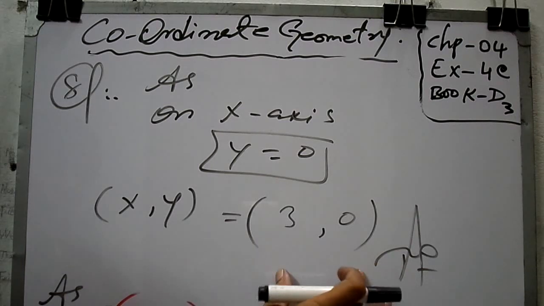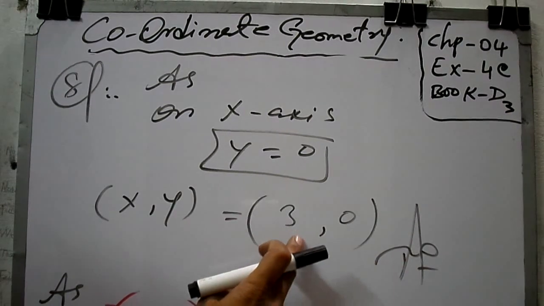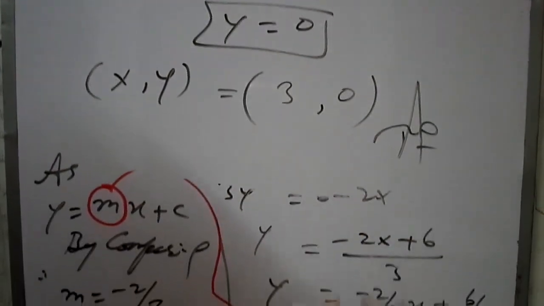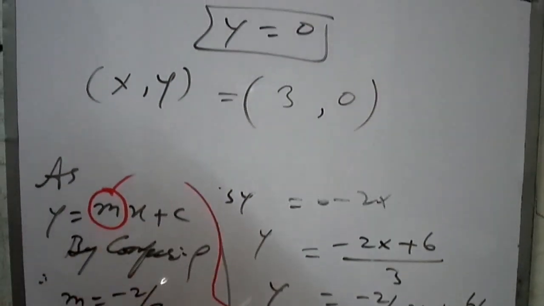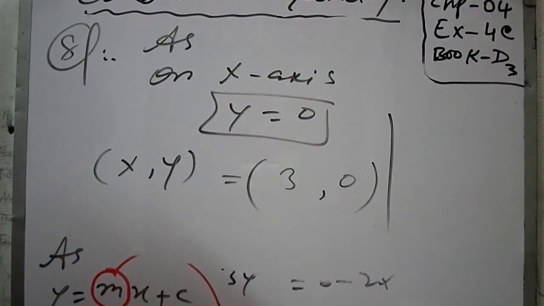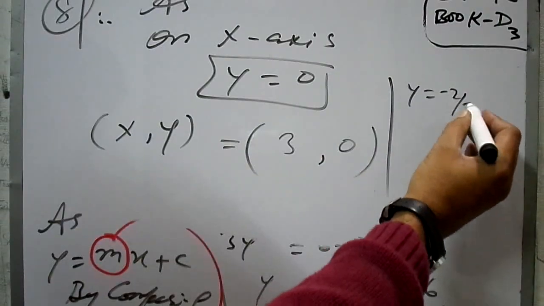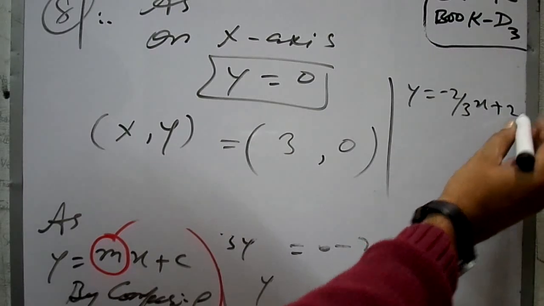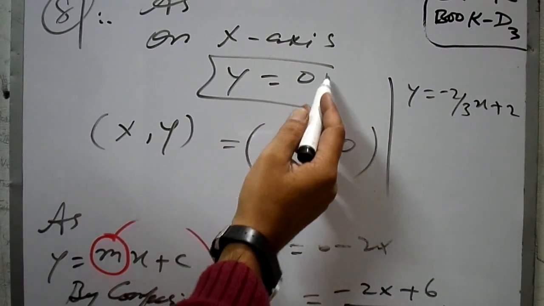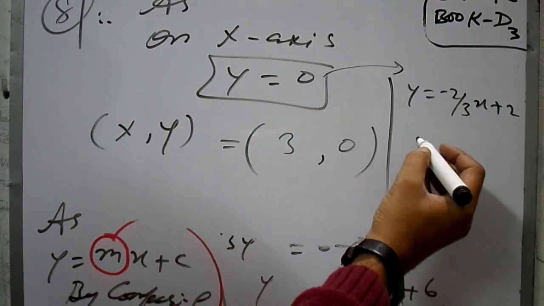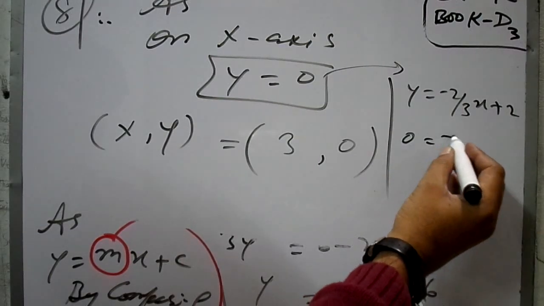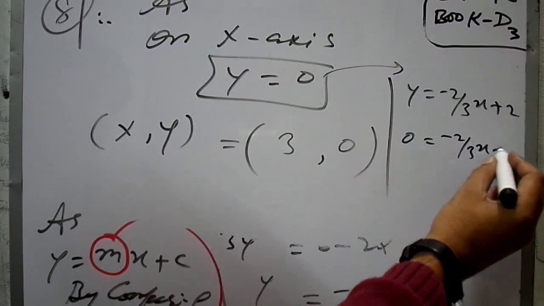So the question is this: how did we get these 3? Actually, you see here, as you know, y is equal to minus 2 by 3x plus 2. If we put y equal to 0 in this equation, you will get 0 is equal to minus 2 by 3x plus 2.